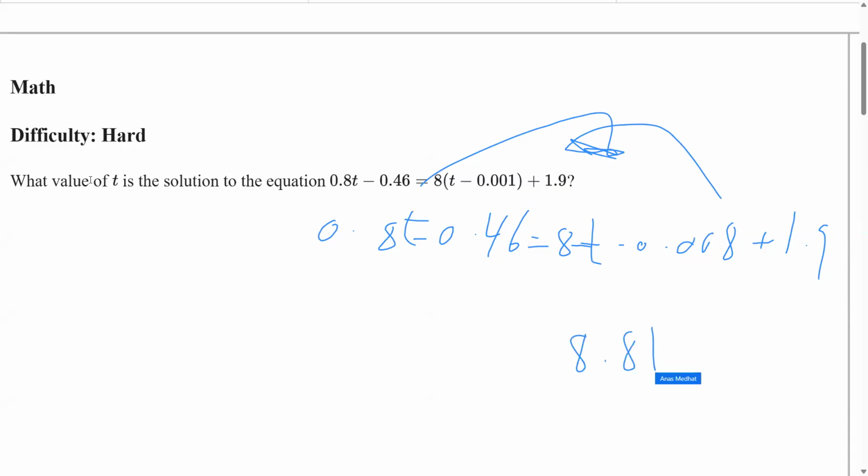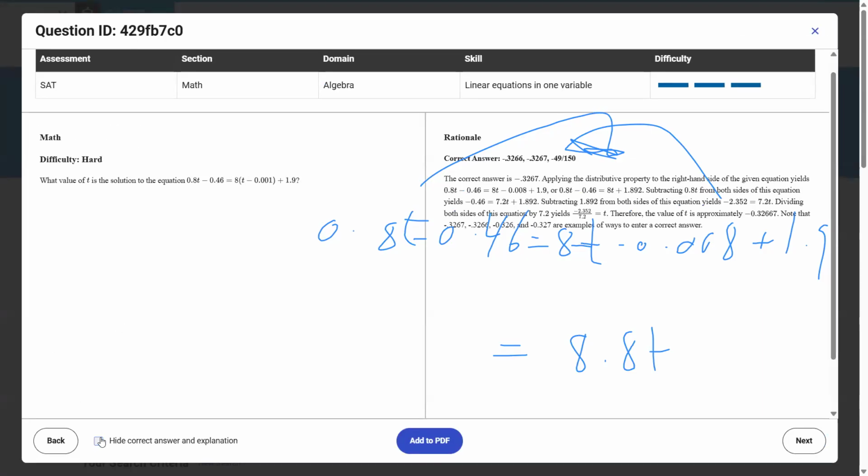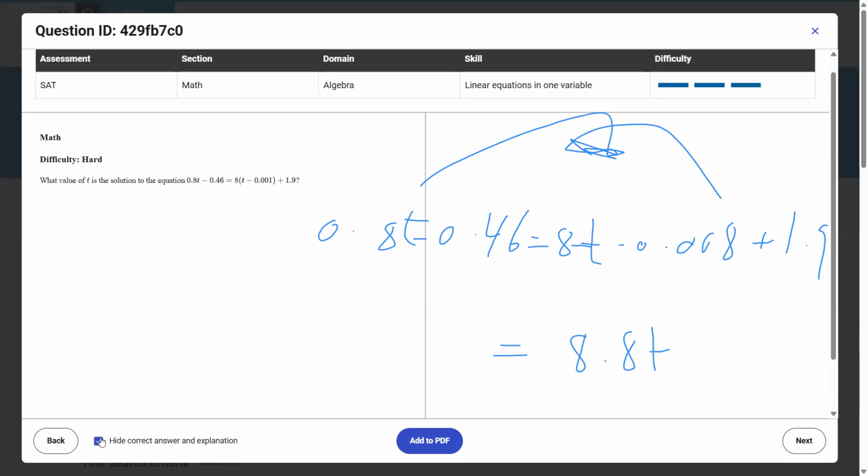This will be 8.8t equals 0.6 minus 0.16. Let's go to the other question.